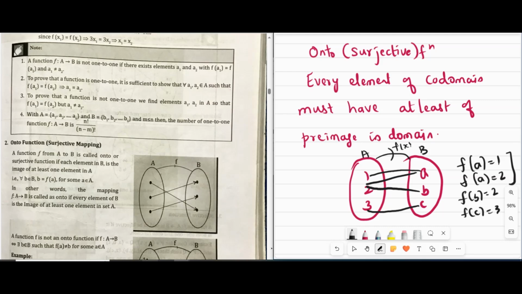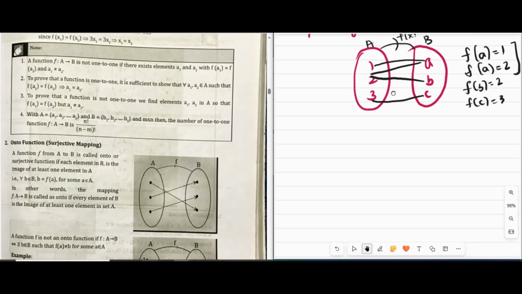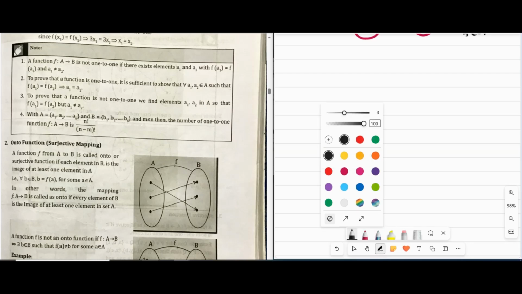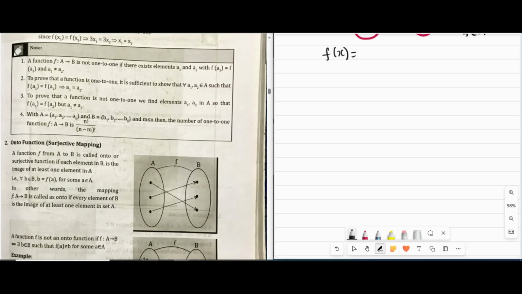Now, how to prove one-to-one and onto? By using problems. This is the representation of that. Now, solving. For example, prove that the function is one-to-one. They give the function f of x equals 3x plus 5 is one-to-one, or injective. So how to prove it? It's very simple.